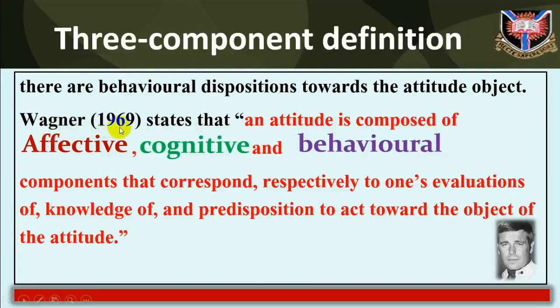Wagner, 1969, states that an attitude is composed of affective, cognitive, or behavioral components that correspond respectively to one's evaluations of, knowledge of, and predisposition to act toward the object of the attitude.